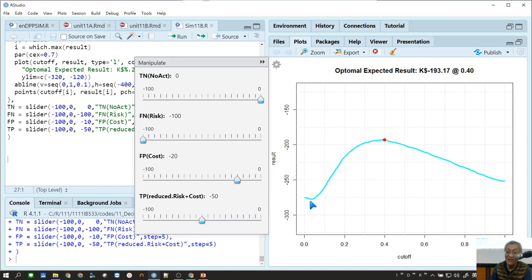So you can see that now if you apply action to everyone, it's worse than taking no action at all. Because the cost is higher. So now this is worse than this one. But still, the best situation is to selectively apply it to a selective group of people.